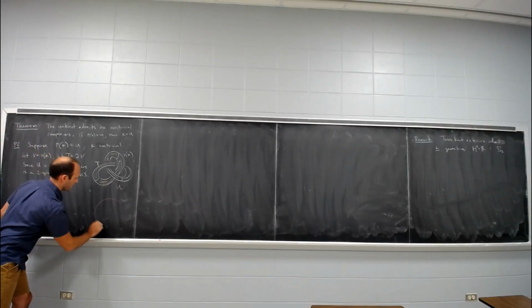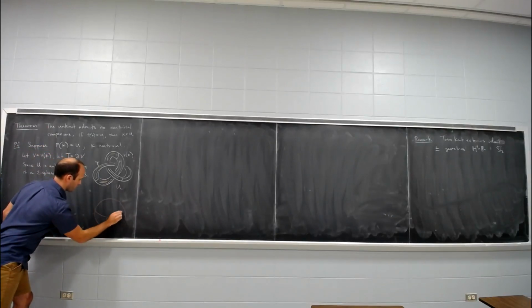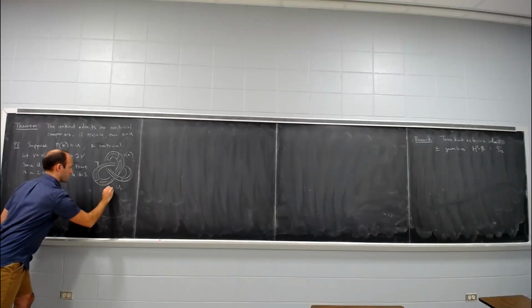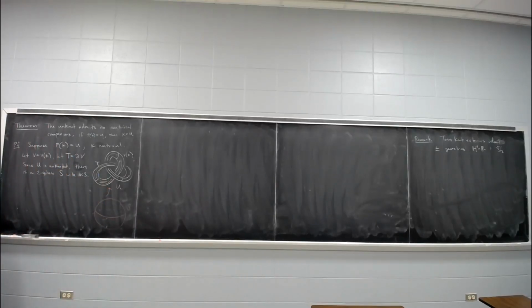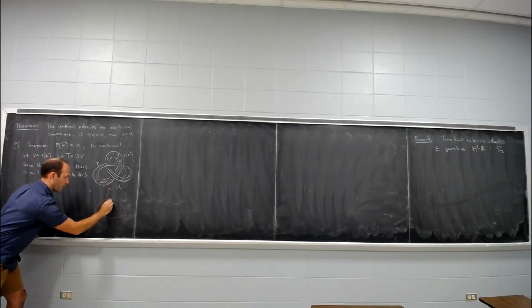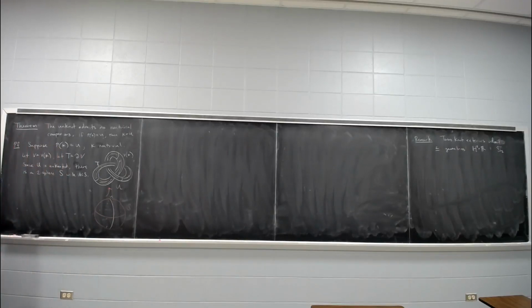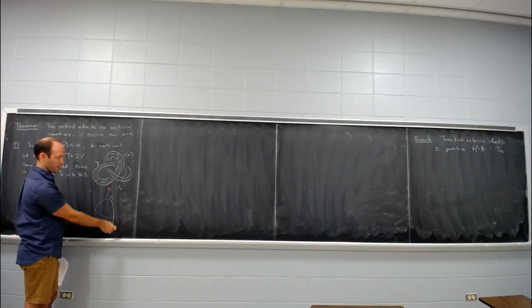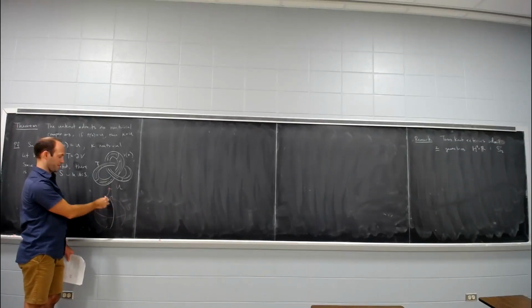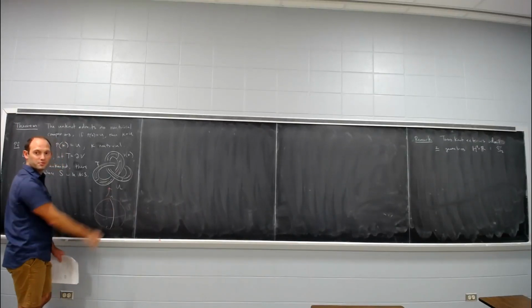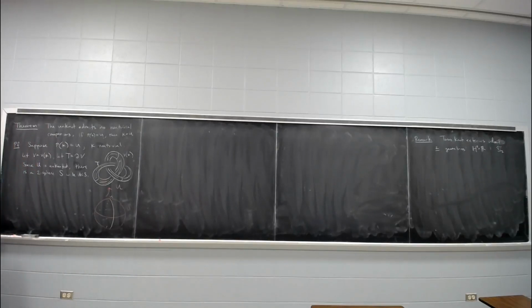So there's some sort of embedding of this red two-sphere S into S3, and we have lying on S our unknot. So the thing I was pondering was whether just to use half of S, which would be the hypothesis that U bounds a disk, and we could just use one of these halves. But we'll do it this way, since in more general cases we'll actually want to use a sphere.